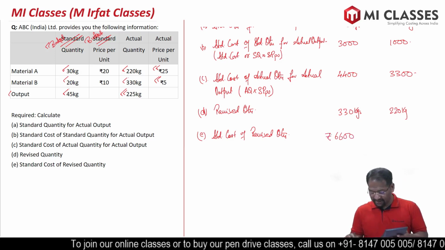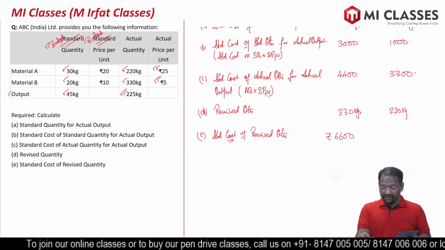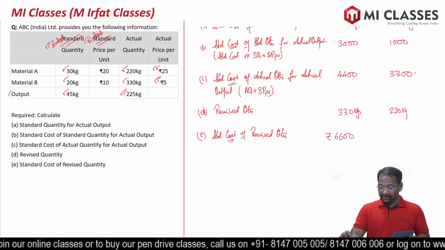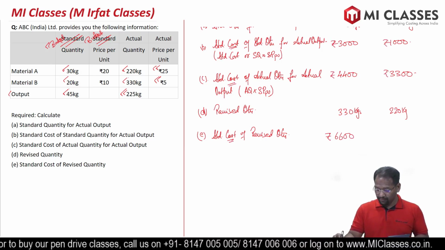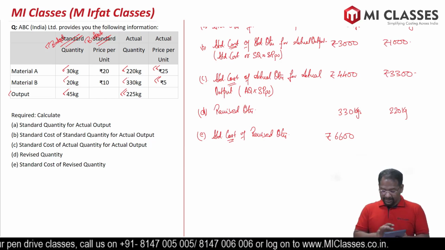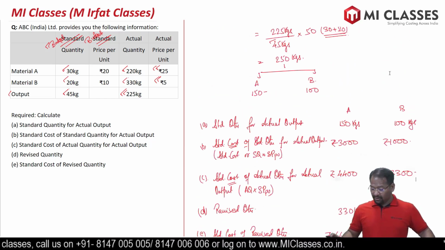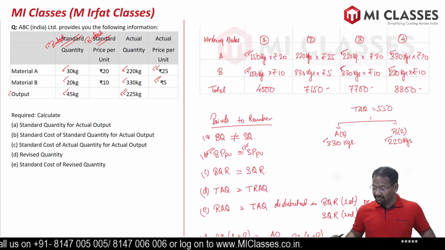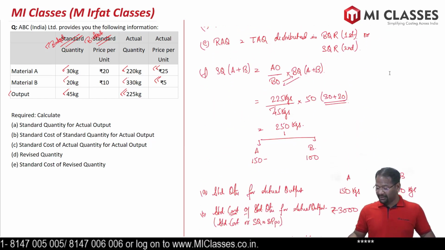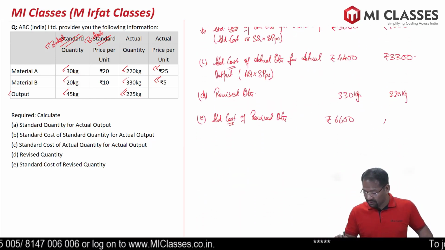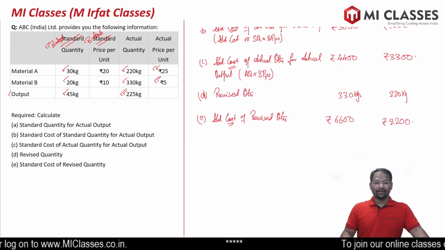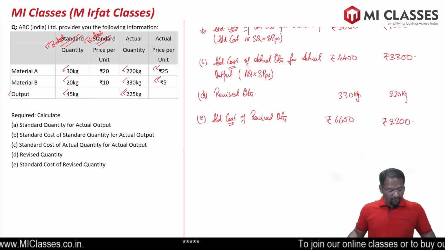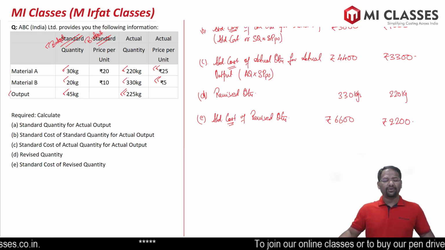These are in rupees. Wherever it says cost, these are all in rupees. Next one is for raw material B, it is 220 multiplied by 10, so it is rupees 2200.